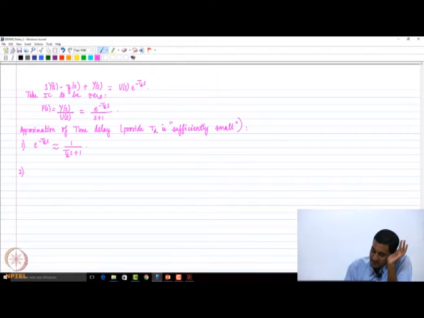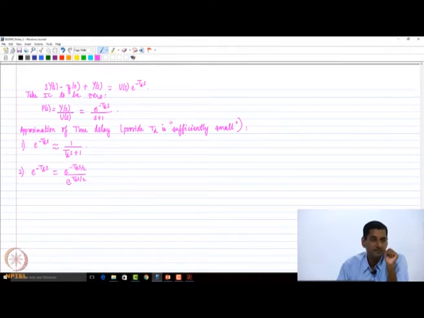A second approximation is saying, look, I will write e power minus tds as e power minus tds by 2 divided by e power tds by 2. So I am splitting the exponent by 2, reducing it even further in a certain sense.